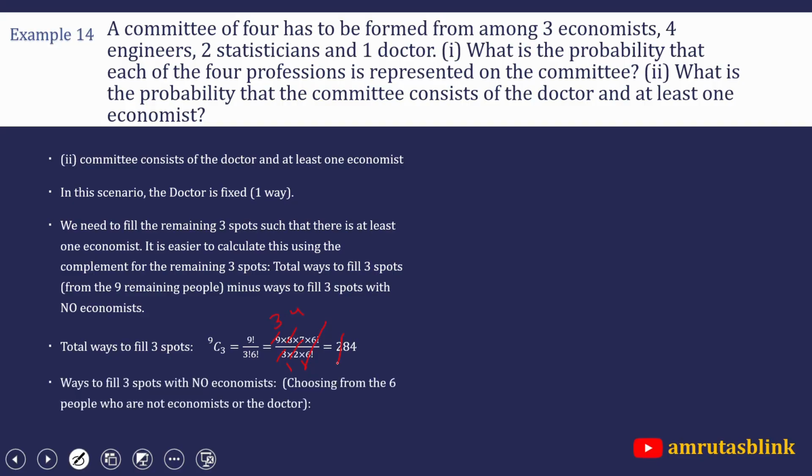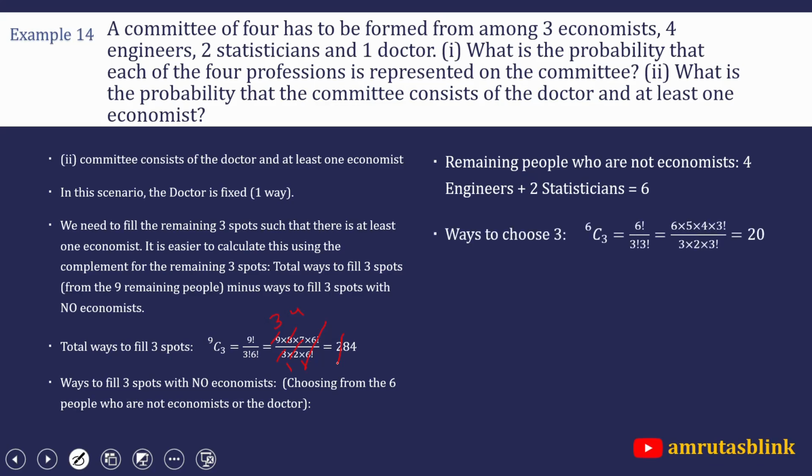Now we need to find out in how many cases there is no economist. So how many remaining people are there except economists? There are 4 engineers and 2 statisticians, that is 6 people.